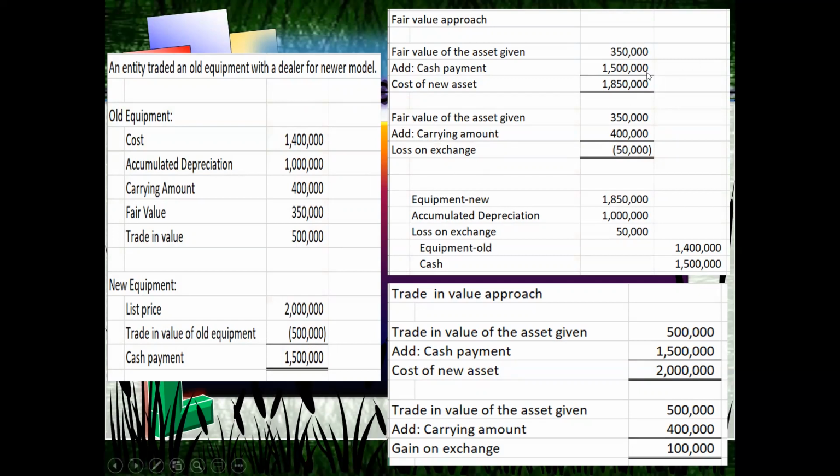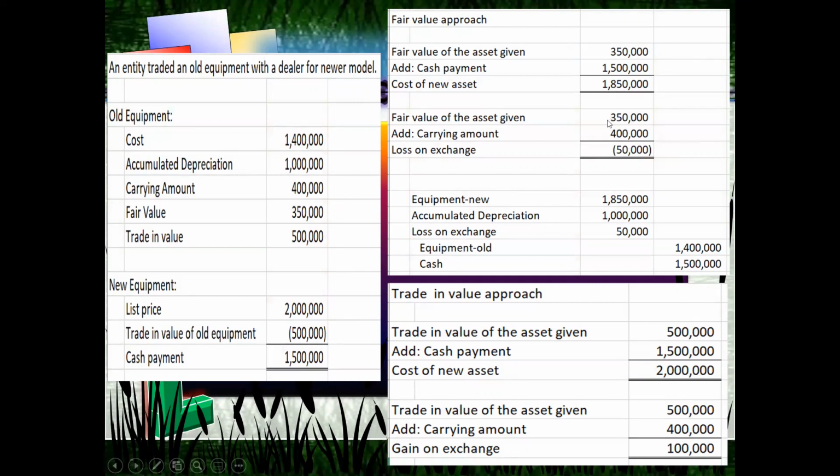Now, when you record this, ito na yung magiging journal entry mo. So with debit equipment, new at 1,850,000 as computed here, 350 plus 1.5. Then your debit accumulated depreciation, given yan, 1 million. And then yung loss on exchange is computed here, no?